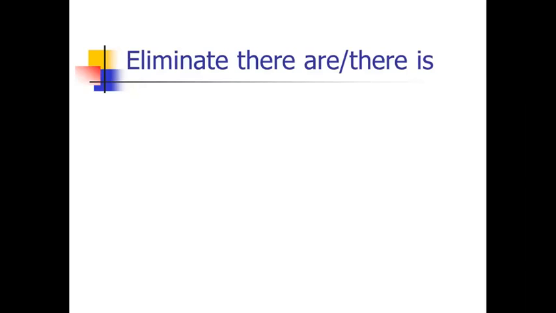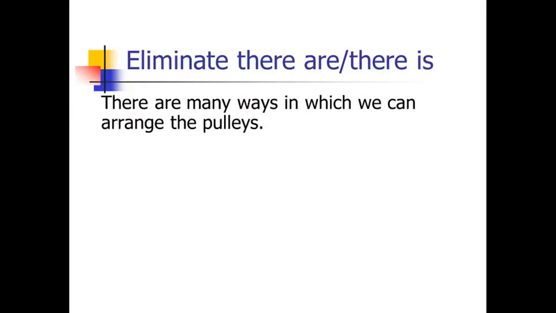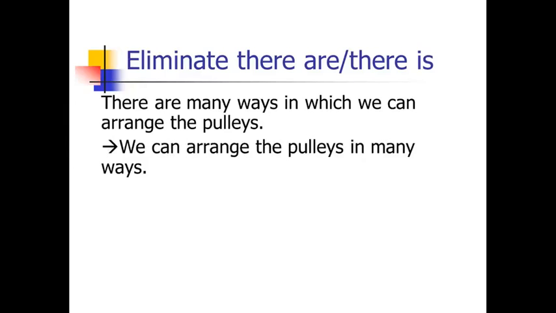Another little thing you can look for are instances where you've got there are or there is, when you actually completely don't need those words. So here's a very simple example. There are many ways in which we can arrange the pulleys. It kind of feels like you need the there are, but in fact you actually don't need it. You can just say, we can arrange the pulleys in many ways. You can drop that whole there are. Be on the lookout for when you're using a lot of to be verbs: is, are, was, were, be, been, and am.